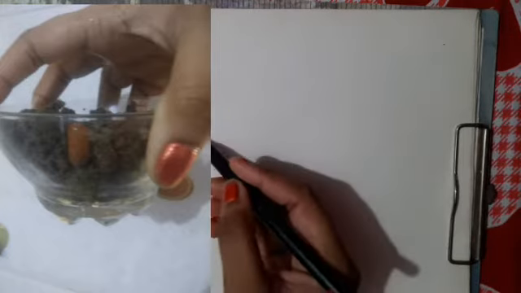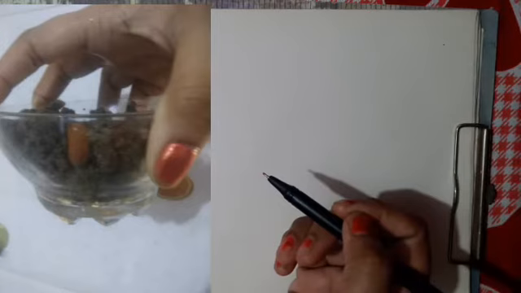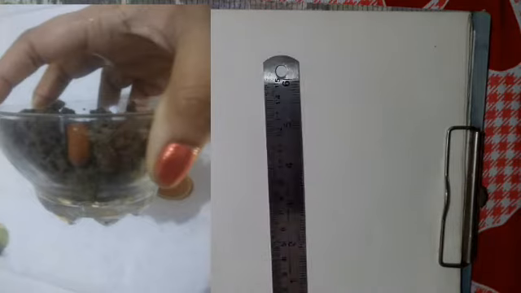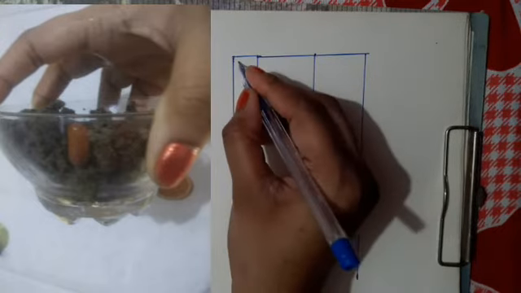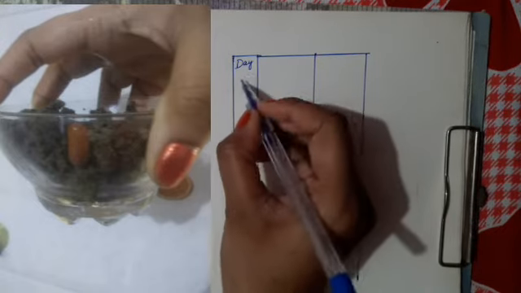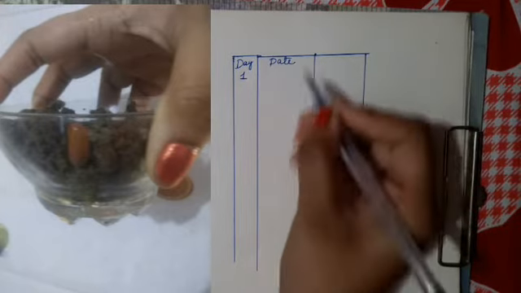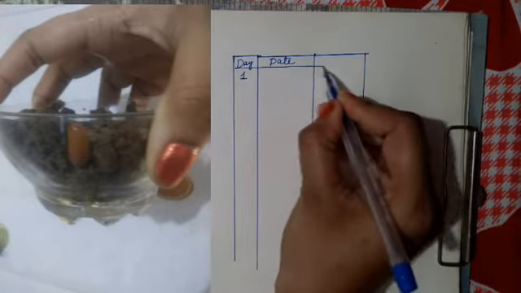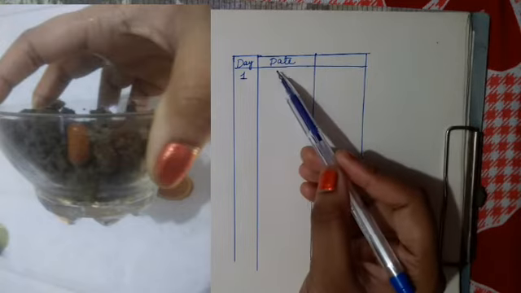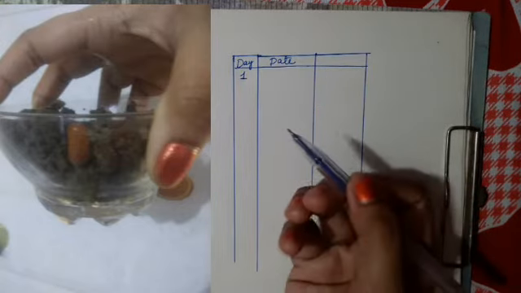Daily you have to observe this container, and you have to make a chart. How do you have to make a chart? I'll just show you. Write day 1, the date. In the date you have to write from when you have started.